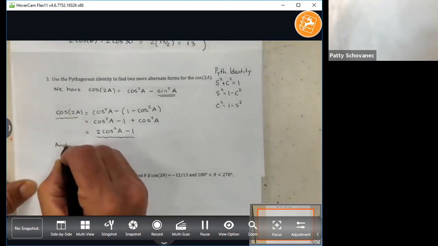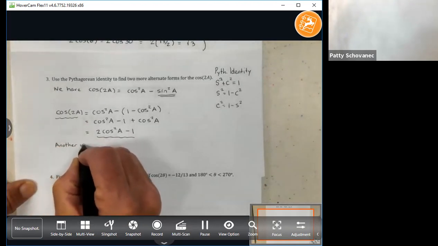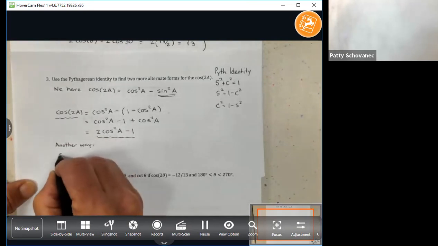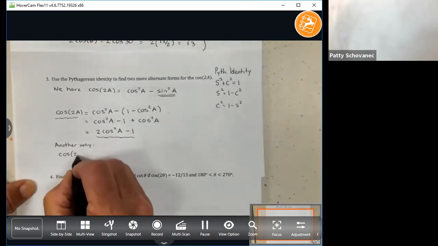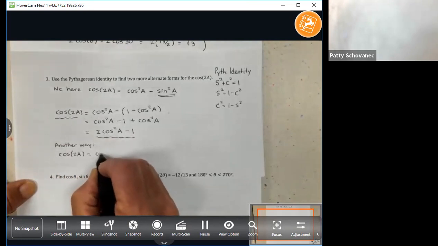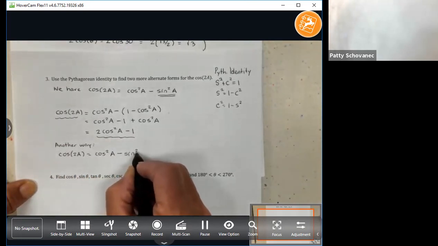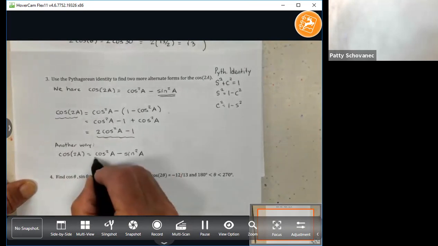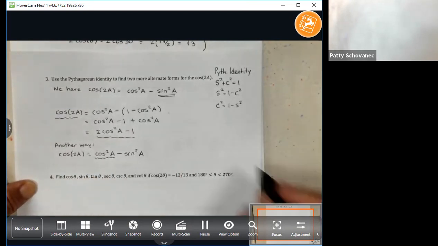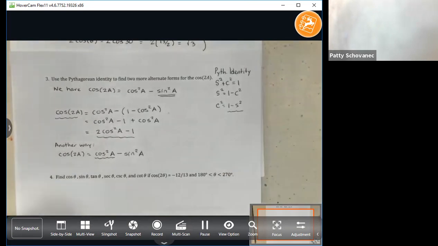So now I'm going to go back over here and replace the cosine squared. So another way is to start with cosine of 2A is cosine squared of A minus sine squared of A. But this time, let's replace cosine squared with 1 minus sine squared.